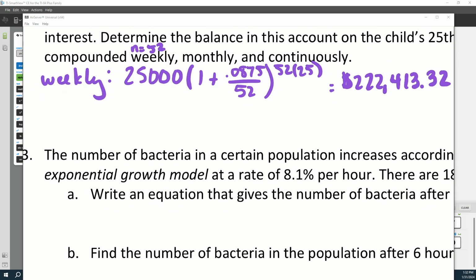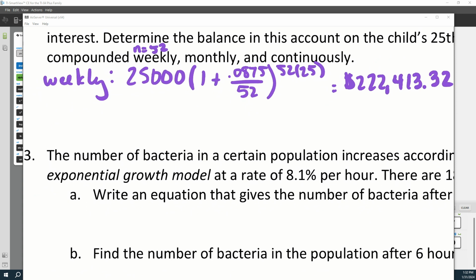All right, so let's look at monthly. You think monthly is going to be more or less? It's going to be less. Should be. So everything's going to be the same except the 52s are going to turn into 12s.